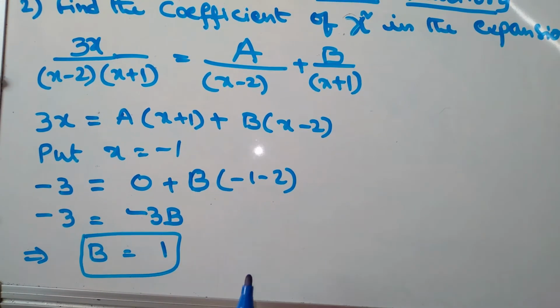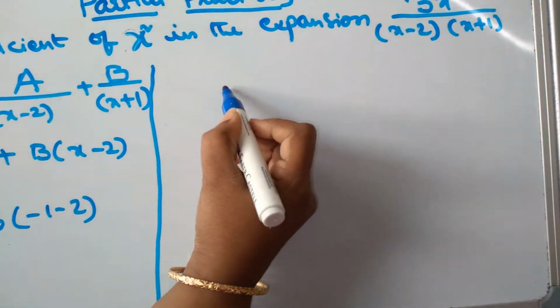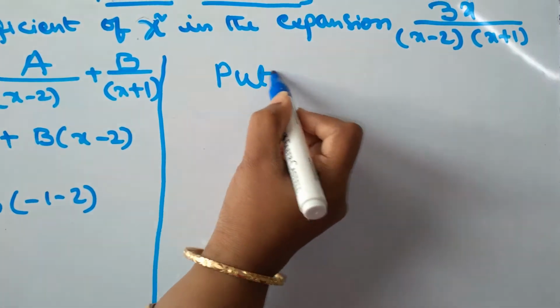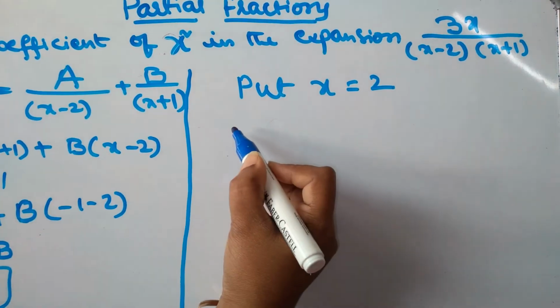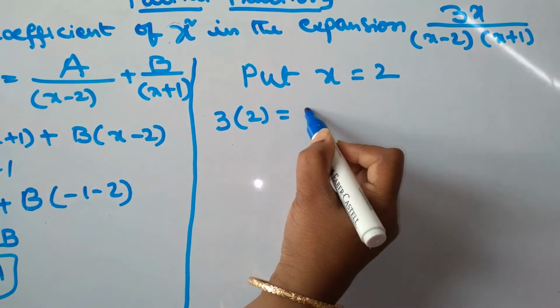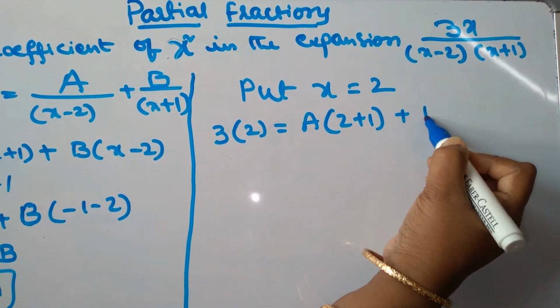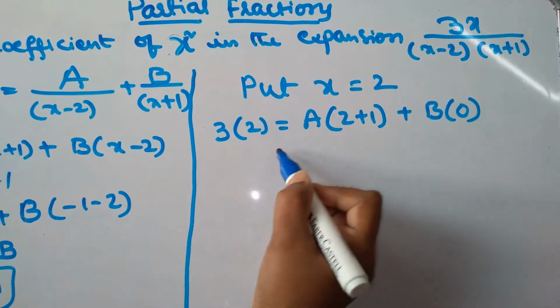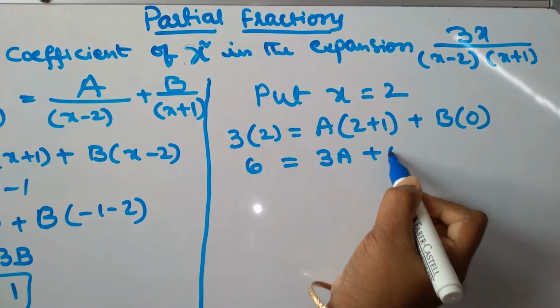So we got the value of b. Now let us find the value of a. For that, put x equals to 2. Then the equation becomes 3 into 2 is equal to a into (2 plus 1) plus b into 0. 6 is equal to 3a plus 0.